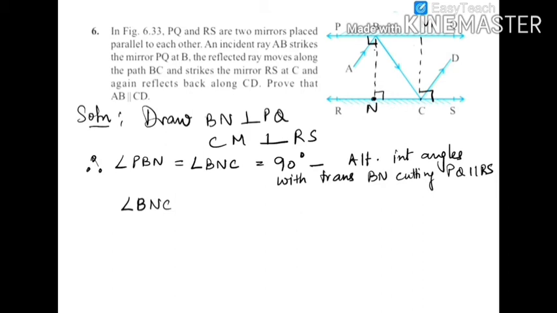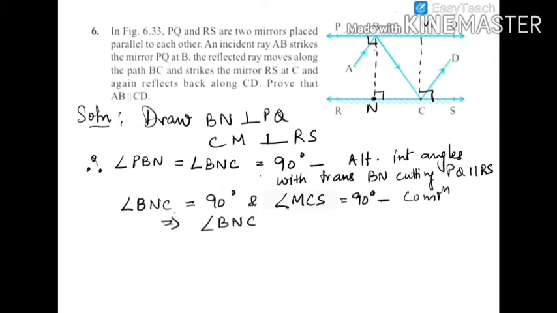Angle BNC is equal to 90 and angle MCS is also equal to 90. This is by construction. So this implies that angle BNC is equal to angle MCS.